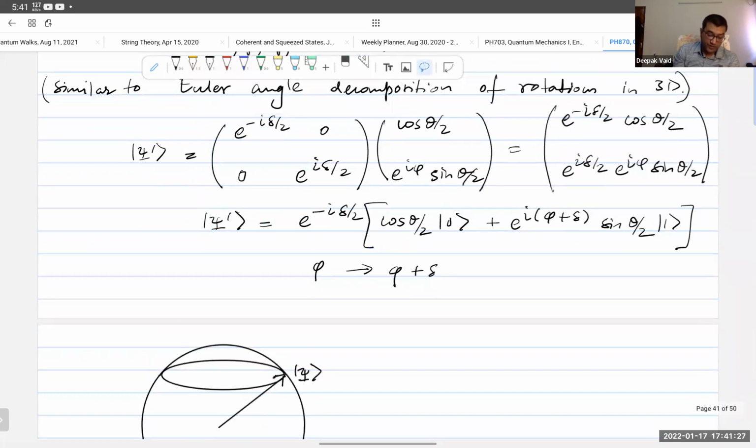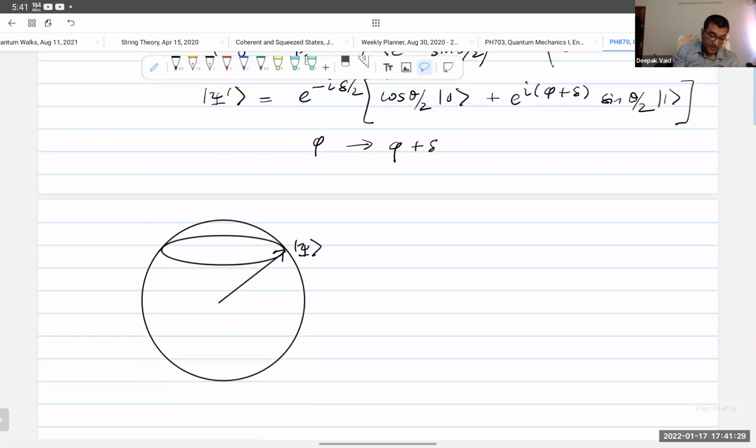The effect of this gate is that it takes this state psi and rotates it about the z-axis by an angle which is given by delta.